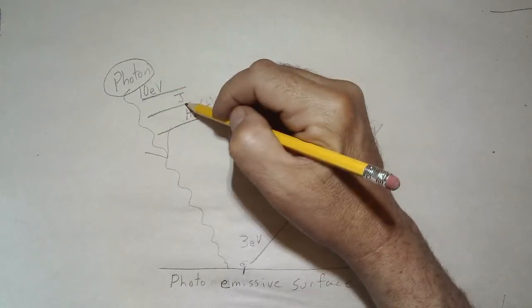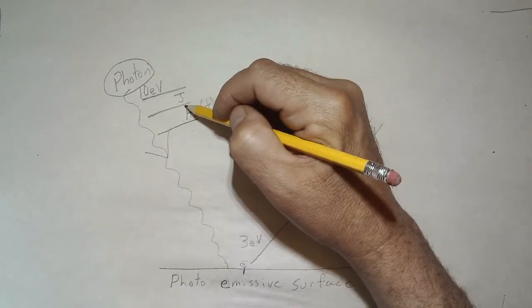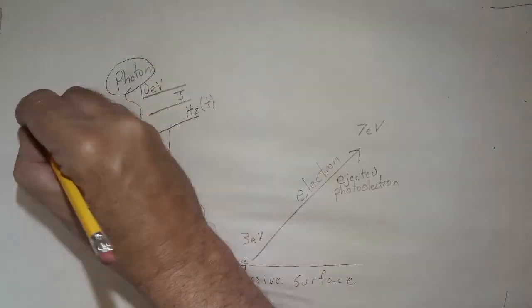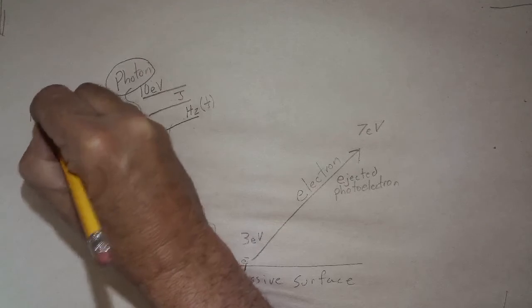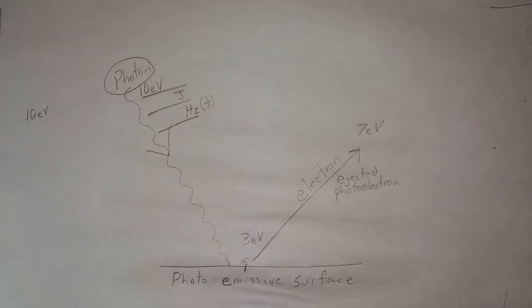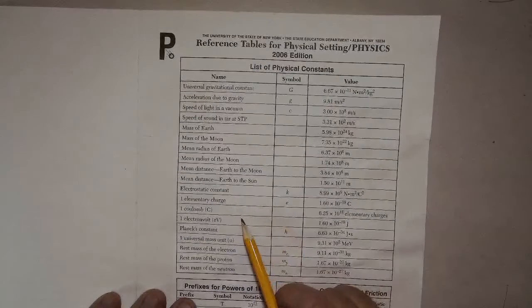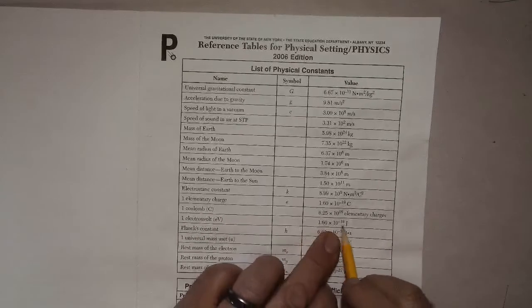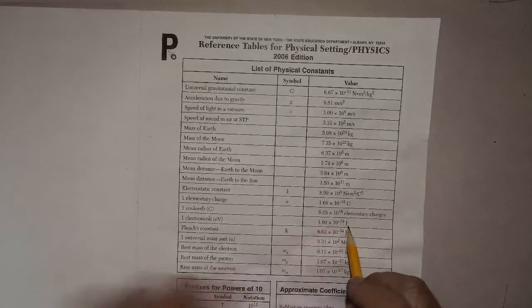Well, to convert electron volts to joules, you multiply, not surprisingly, by 1. So let's do it. 10 electron volts. If we look at our reference table, we can see an electron volt is 1.6 times 10 to the minus 19th joules.